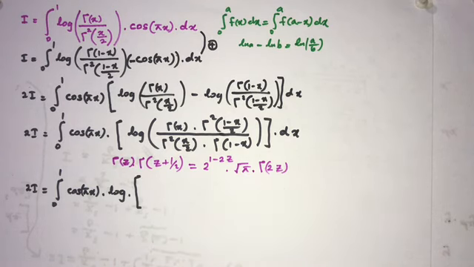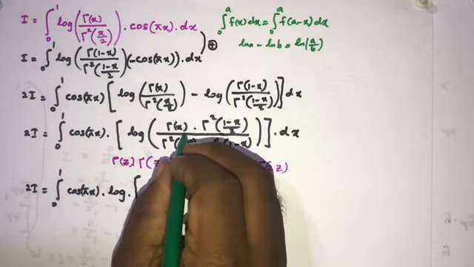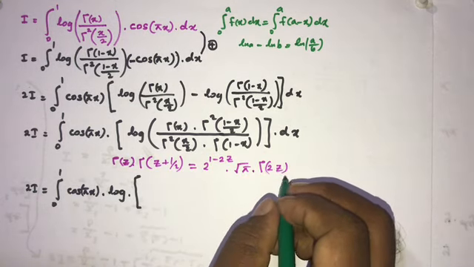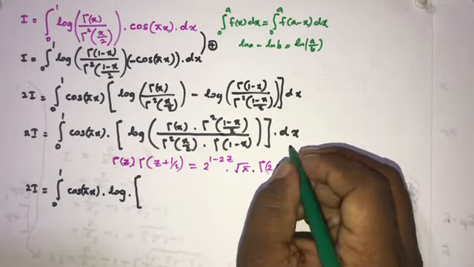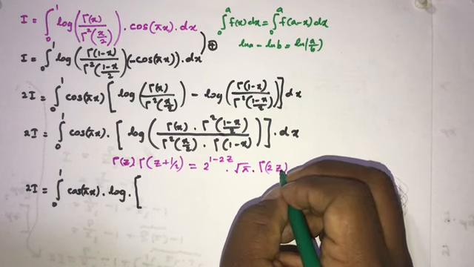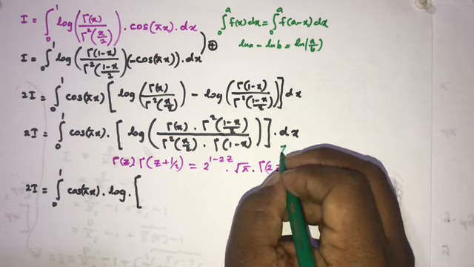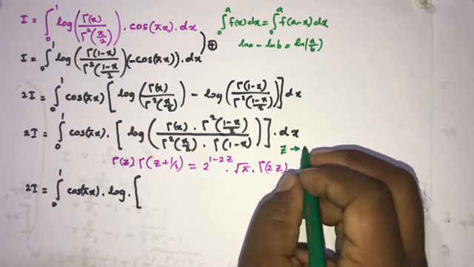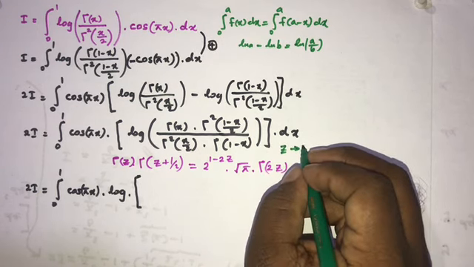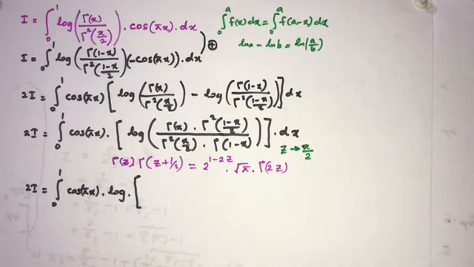To get gamma of x, instead of c we can write x over 2.